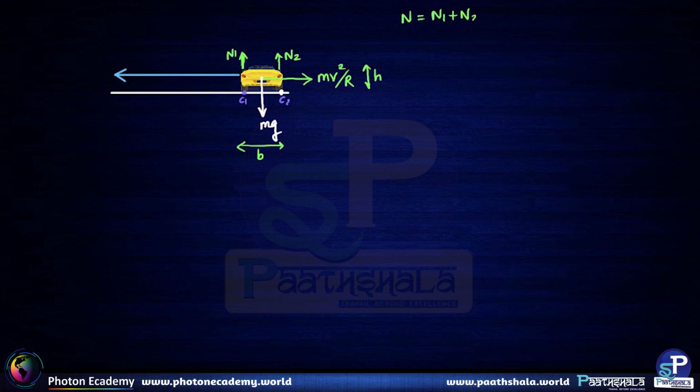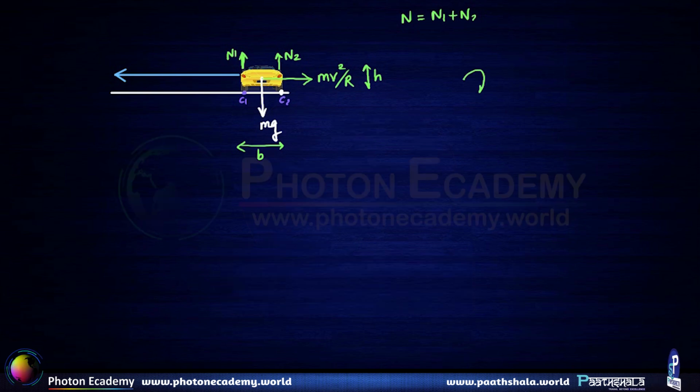So we can understand that the clockwise torque about the point C2 is going to be, because N2 is passing through the point C2, N2 will not give any torque. So N1 and mv square by r are the two forces that are going to give torque.